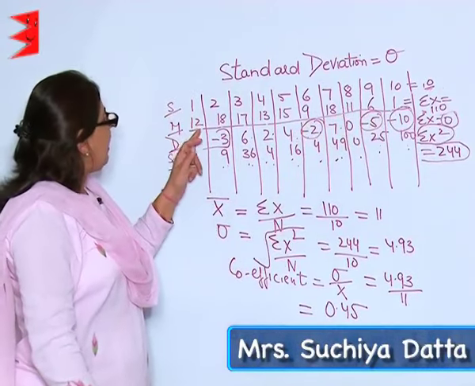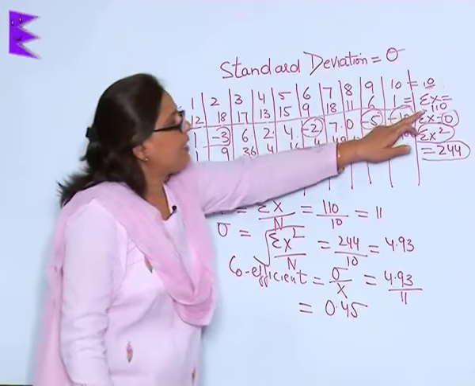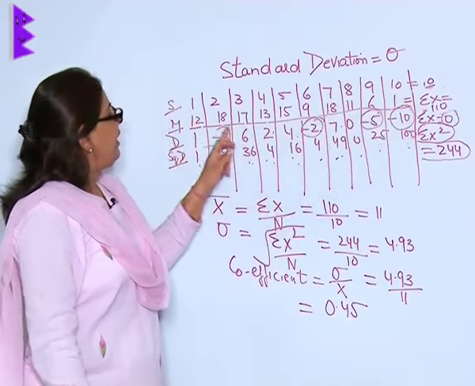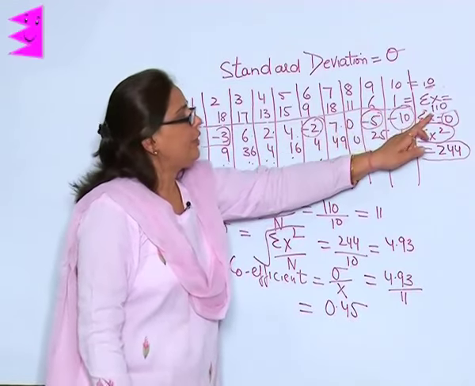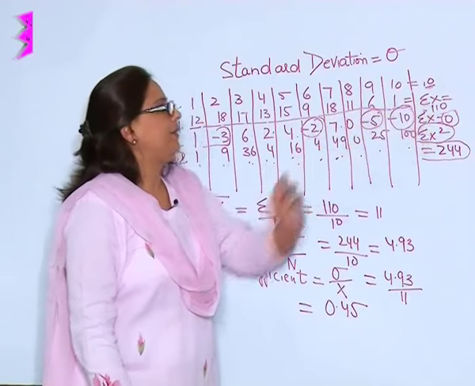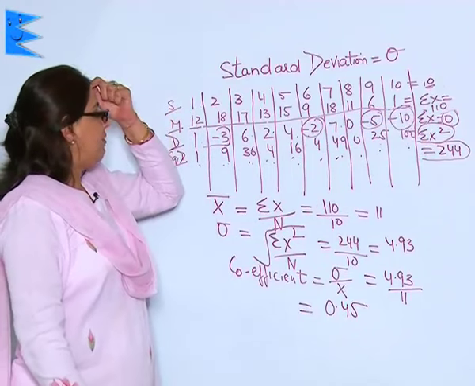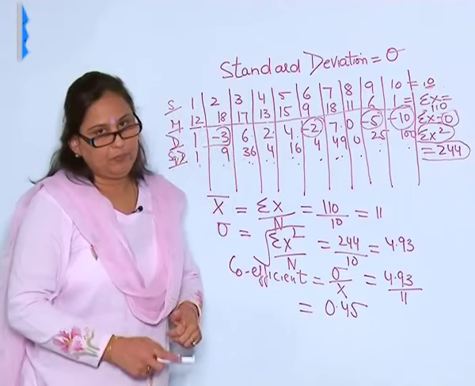So if I have to find out the sigma x, I have to add the marks given here, which will be 110.